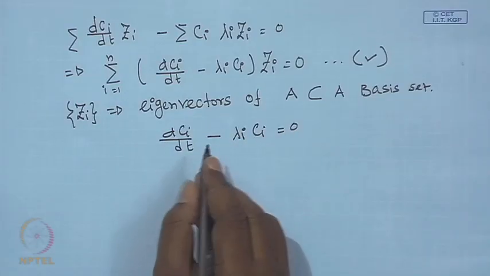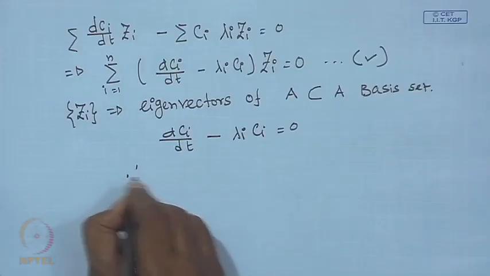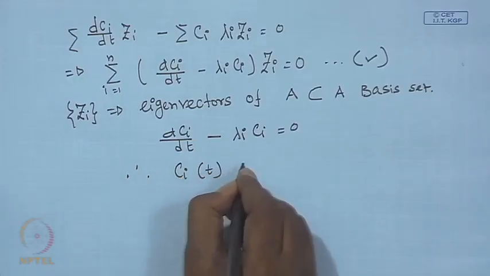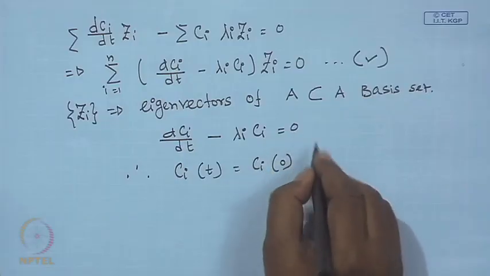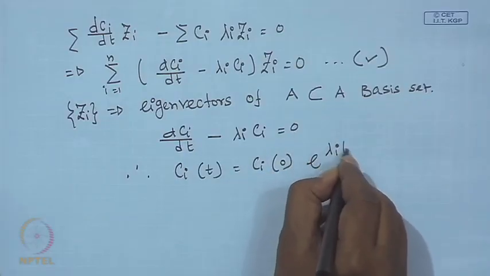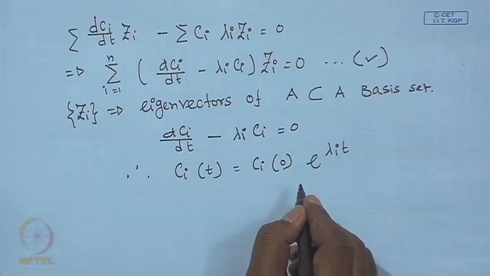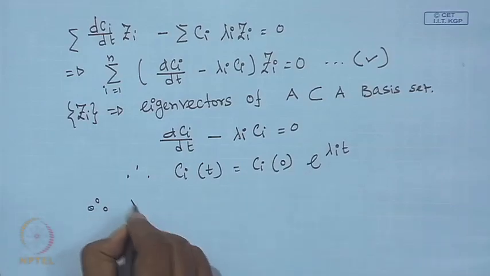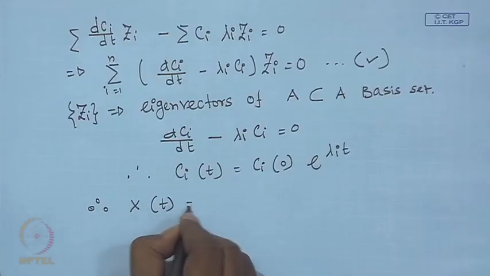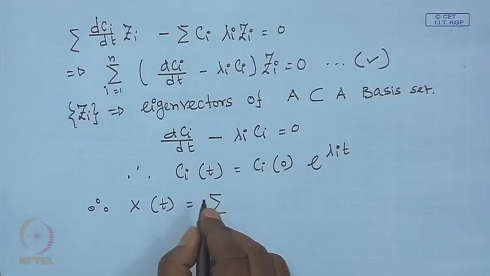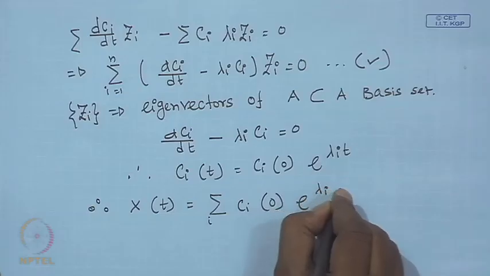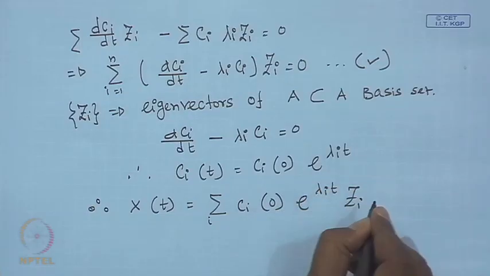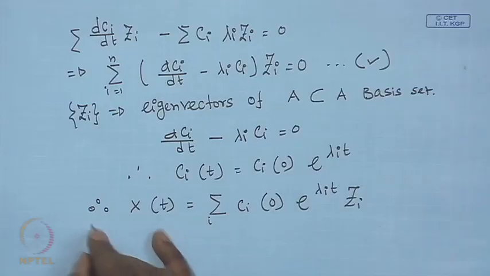So, what is the solution to this? The solution is very simple. c_i as a function of t will be c_i at time t equal to 0, that is the initial condition, times e to the power lambda_i t. And therefore, you can write down the complete solution x as a function of t as summation c_i e to the power lambda_i t times z_i, where z_i are the eigenvectors.